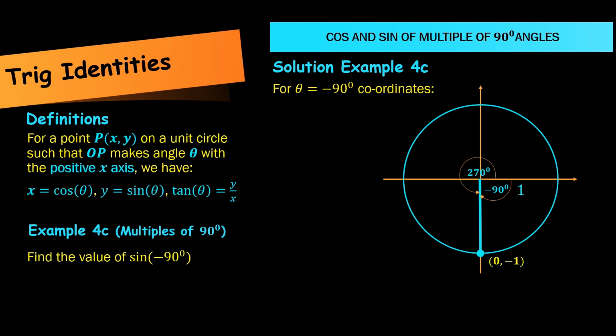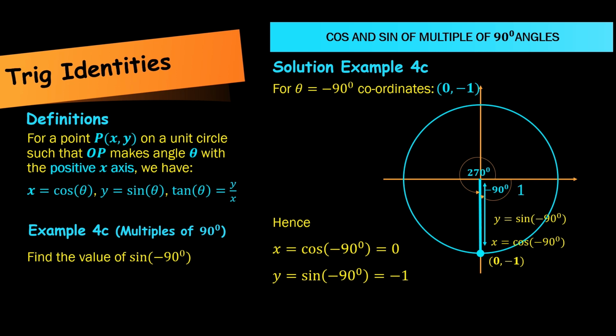So again, we're considering the point 0, -1. And so x equals cos minus 90 degrees, which equals 0, and y equals sine minus 90 degrees, which equals minus 1.